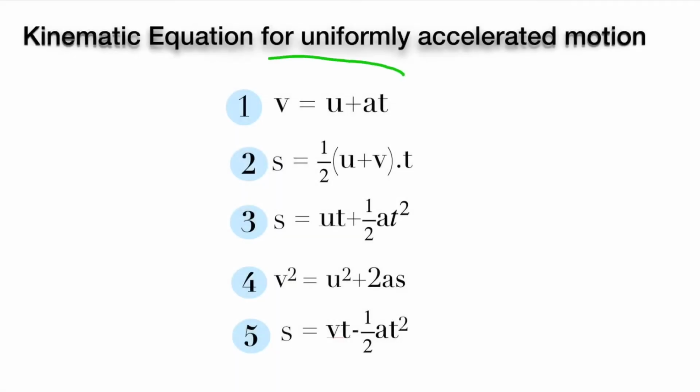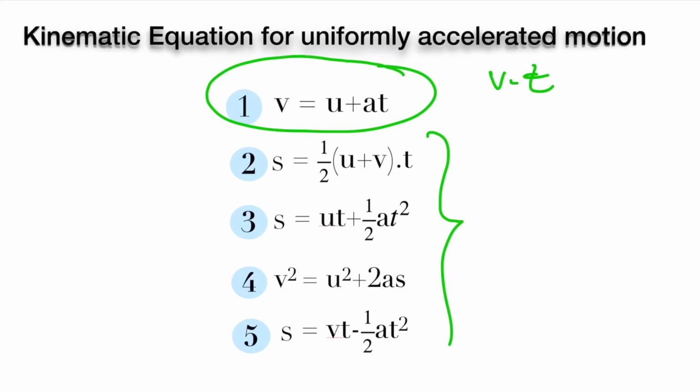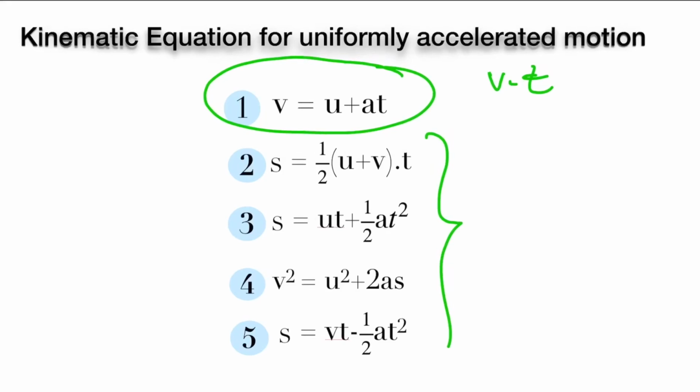So you would have observed that the first equation is derived by the slope of the velocity time graph, and the remaining 4 equations were derived by finding out the area enclosed by the velocity time graph and the time axis. And there are different ways to find out the area between the graph and the time axis, and that is what we use to derive these different equations.